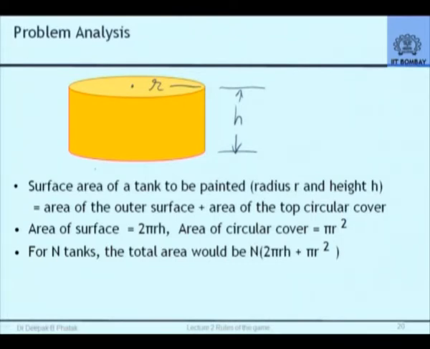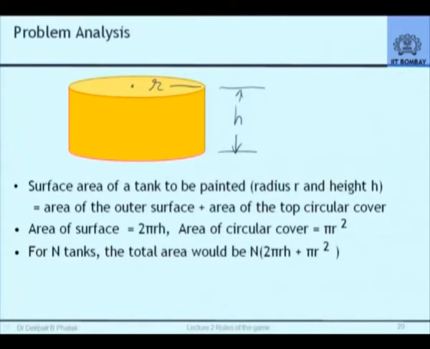The area of the cylindrical portion is the area of the outer surface. Now in any cylinder there are two circular tops, but since this whole thing is sitting on the ground, there is nothing to be painted below. So only the top circular surface will have to be painted. I will have to add its area. The two areas are simply 2 pi r h and pi r square. You agree with that? This is an absolutely simple formulation.